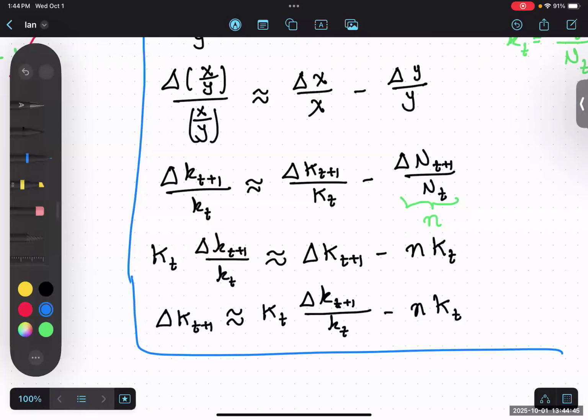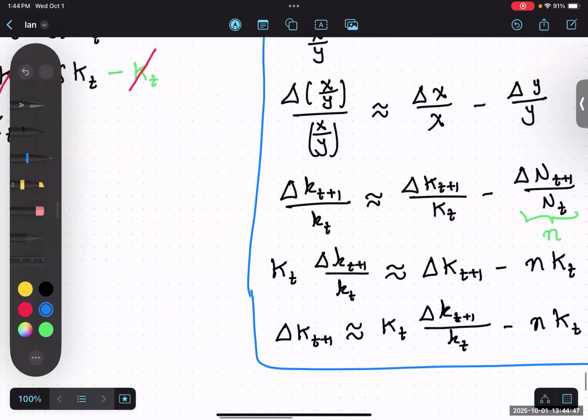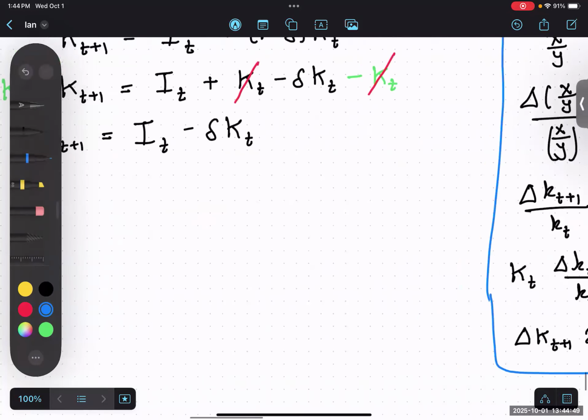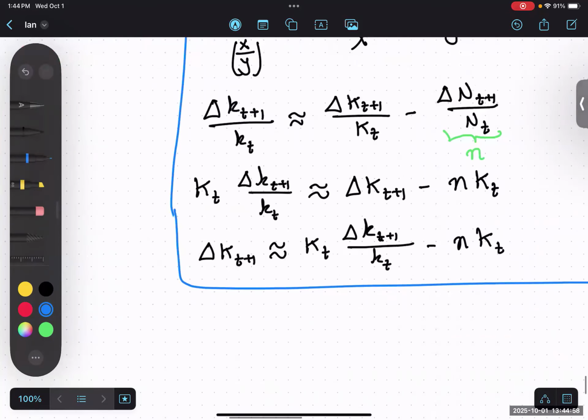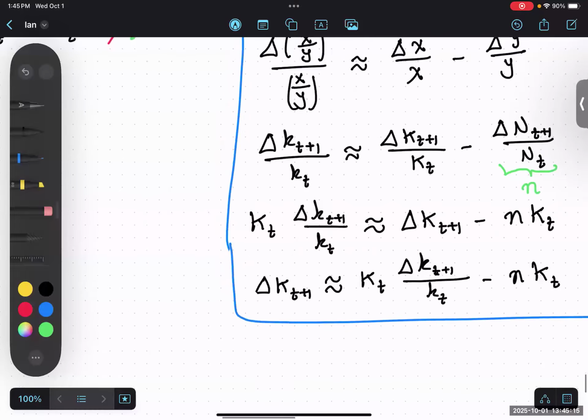And this is precisely the expression that I would like to use in the dynamics of the Solow model, right? Because what we have here is delta kt plus 1, which is exactly the same as this delta kt plus 1 that we have here. I will replace it. If you want to see in particular where it came from, just copy this expression and do it yourselves.